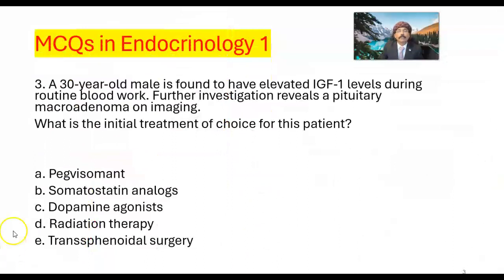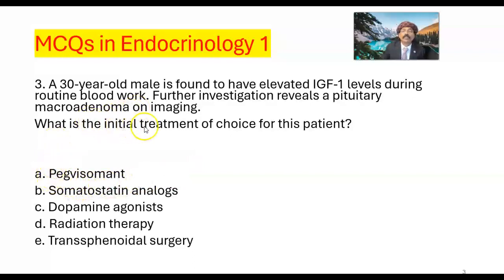Question number 3. A 30-year-old male is found to have elevated insulin-like growth factor 1 levels during routine blood work. Further investigation reveals a pituitary macroadenoma on imaging. What is the initial treatment of choice for this patient?